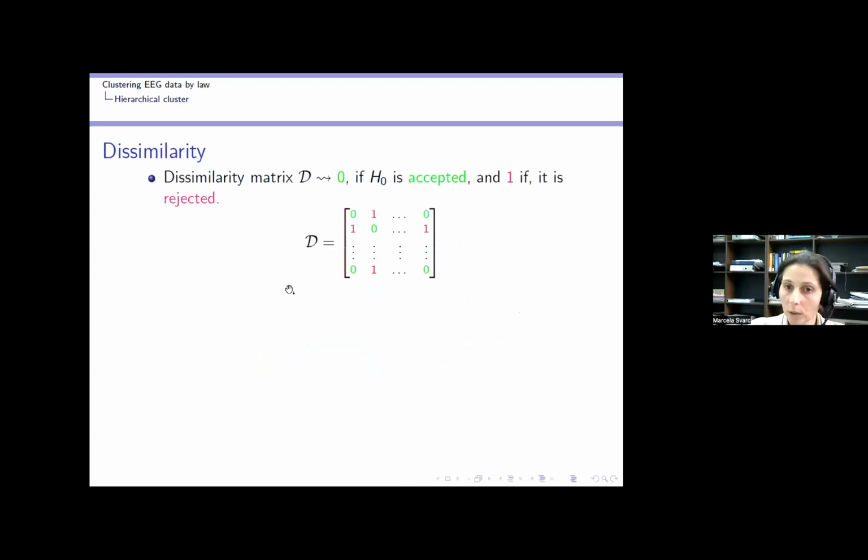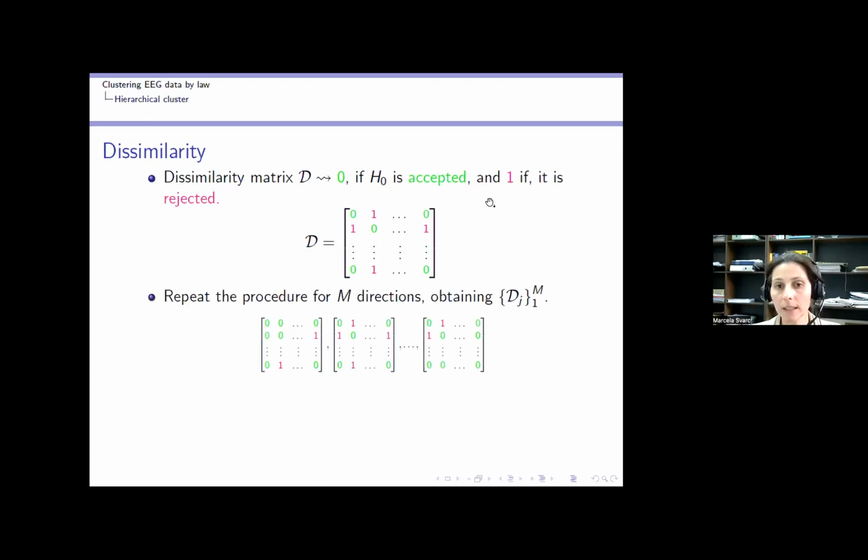So when we've done this, for each pair of strings, either we accept that the laws of those projections are the same, or we reject that hypothesis. We can put this into a dissimilarity matrix that will have a 0 if they have the same law, and a 1 if not.